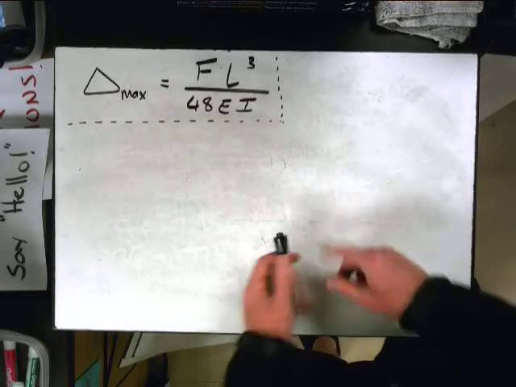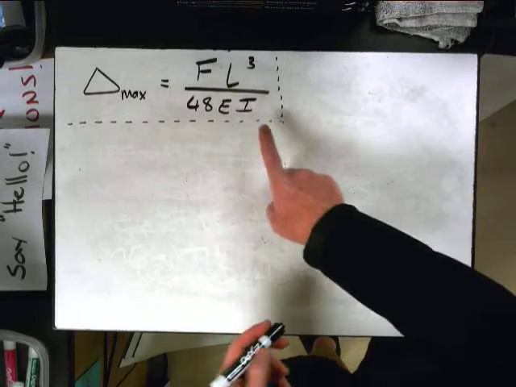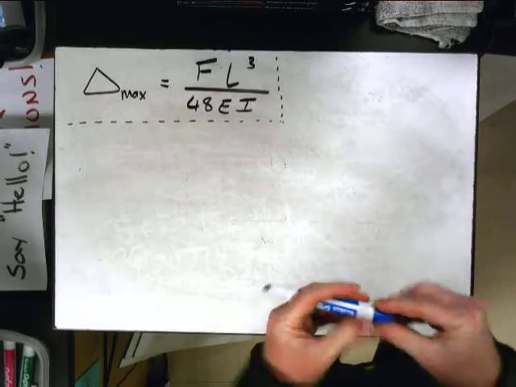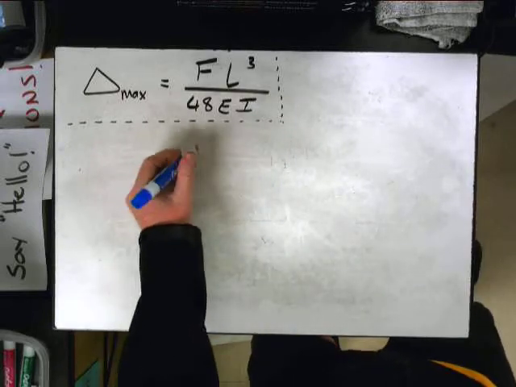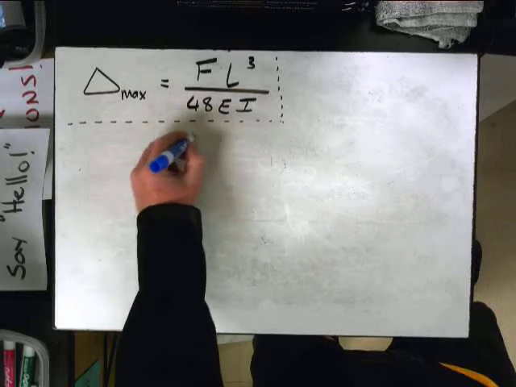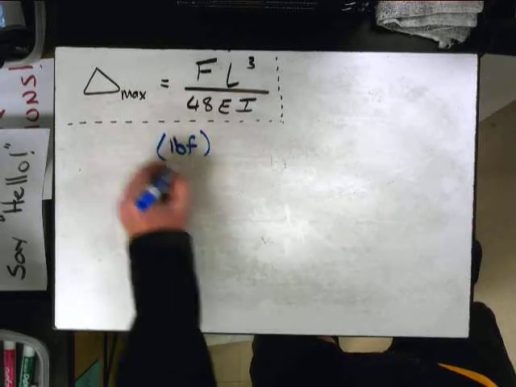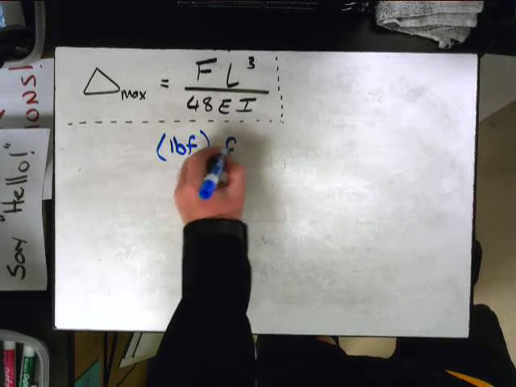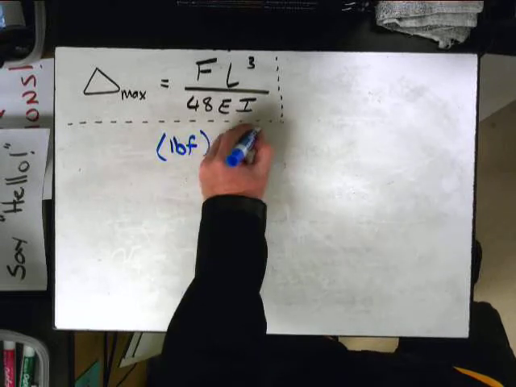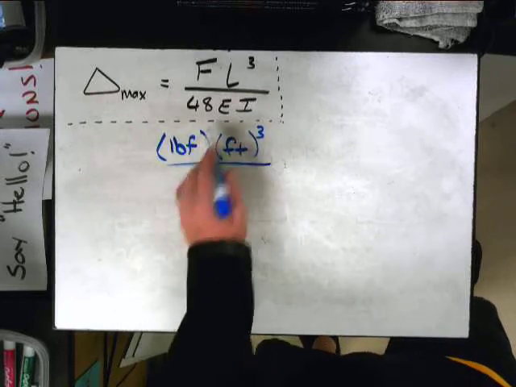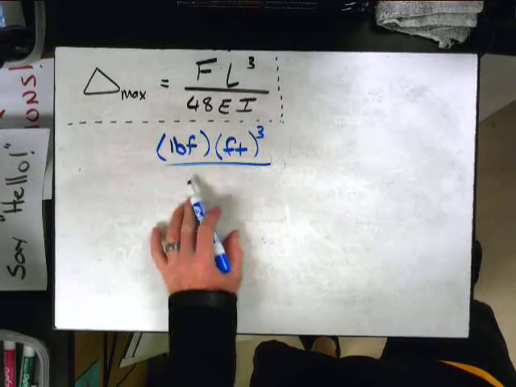Let's check it out. I'm not going to even bother with numbers, though. I'm going to just put units in here and see what happens. The force was measured in pounds force, and length was measured in feet, but that's cubed. And we have a 48, which has no units, so I'm not going to show anything for the 48.